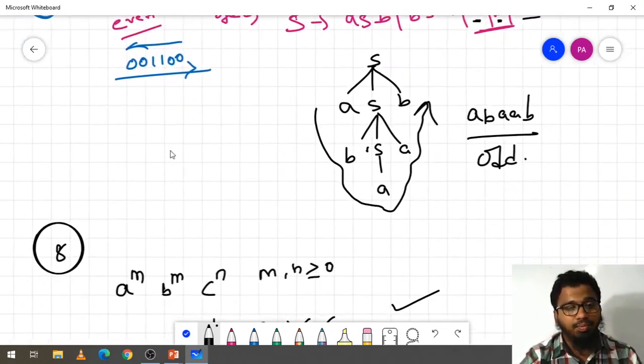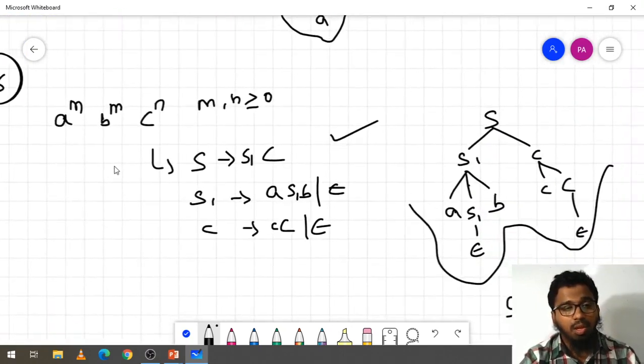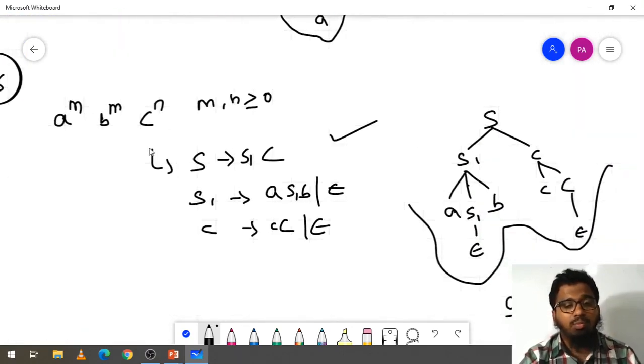Okay, next, A power m, B power m, C power n. So here m comma n greater than 0. Okay, so here A and B for the equal number of A's and B's we are writing this. Okay, A power m, B power m, equal number of m's. Now C power n, and n should be greater than 0.